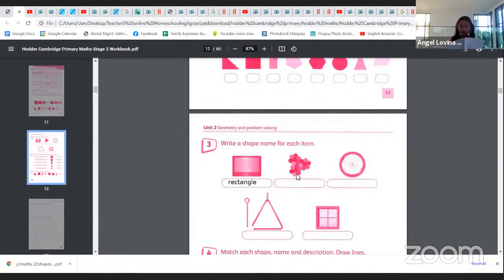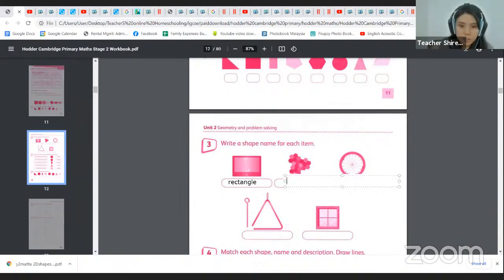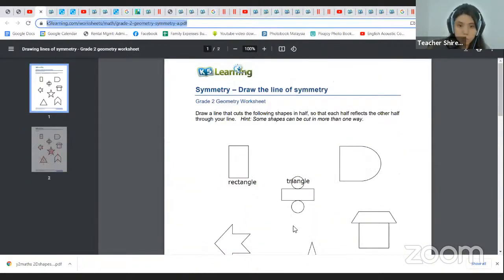Okay. Next, what shape is this? Triangle. Okay, Angel and Jane, I do have some work for you, but this you might need to print.